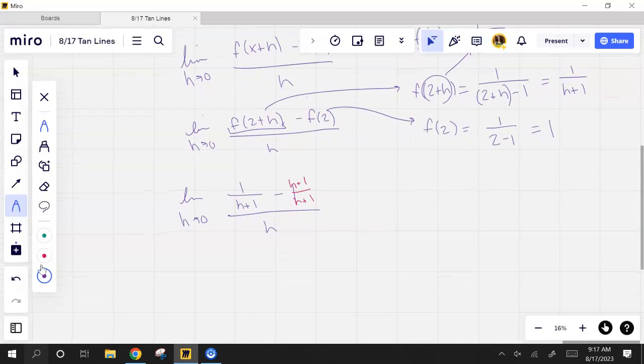So that now I have the limit as h goes to 0. I'm going to combine the tops, right? 1 minus, and I have to subtract all of this. 1 is the same thing as h plus 1 over h plus 1.